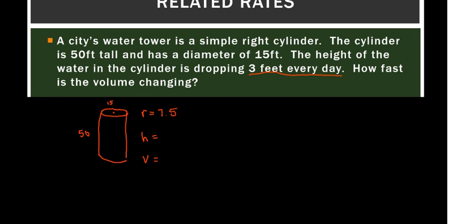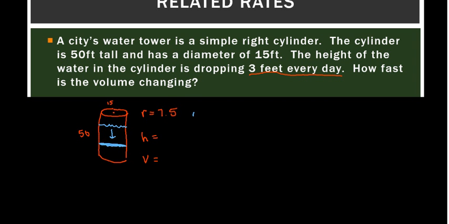Then I want to think to myself, are these variables ever changing? So think about the water in this cylinder. It is, of course, dropping 3 feet every day. However, even when it's from the top to the bottom, it's still filling the entire circle, so the radius is never going to change.